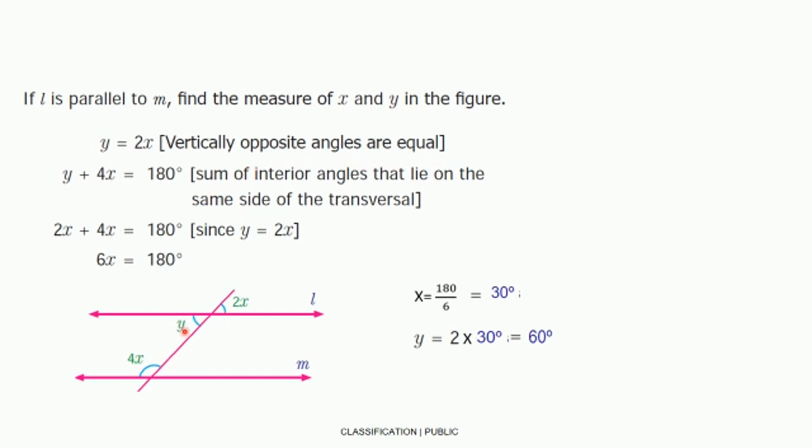So y plus 4x equal to 180. Substitute y equal to 2x, so 2x plus 4x equal to 180. 2 plus 4, 6. 6x equal to 180. x equal to 30 degree. x equal to 30 means y equal to 2 into 30, 60 degree.